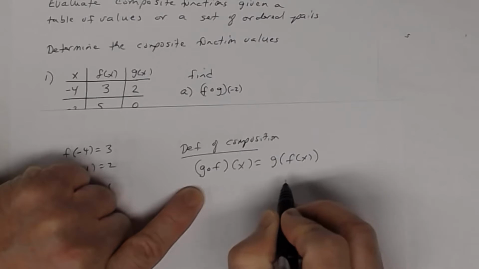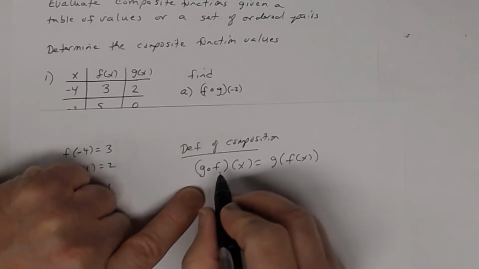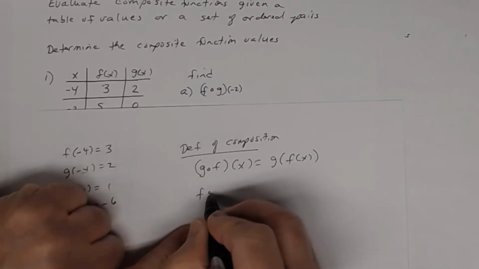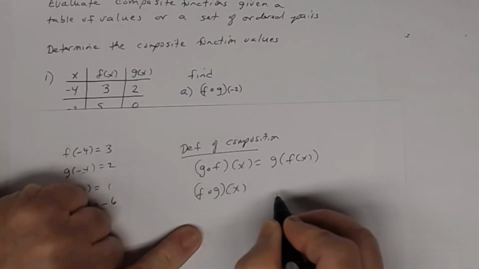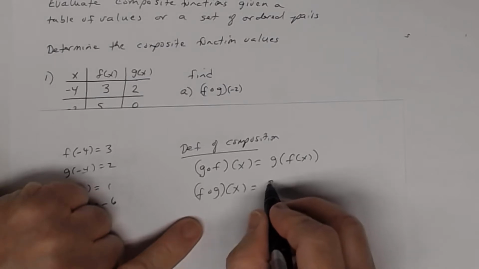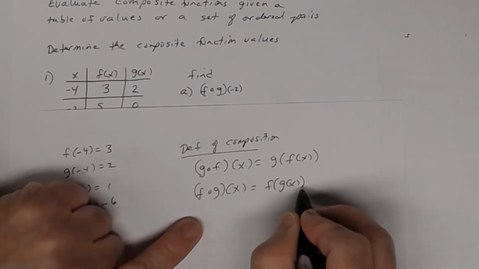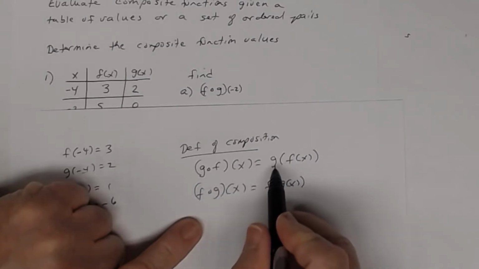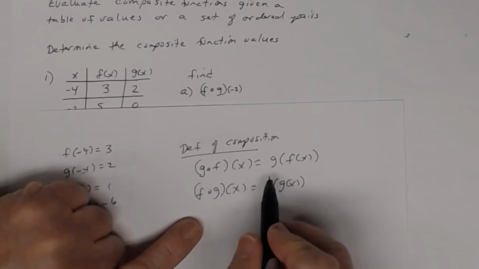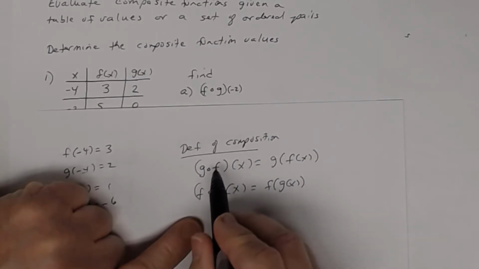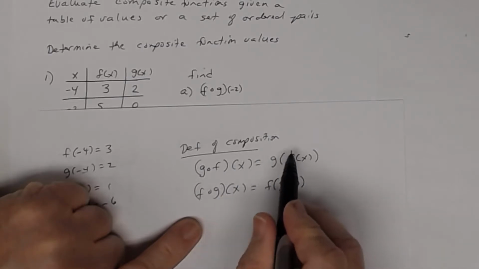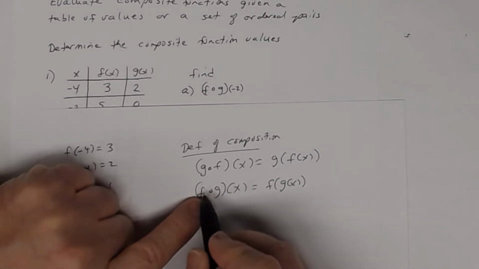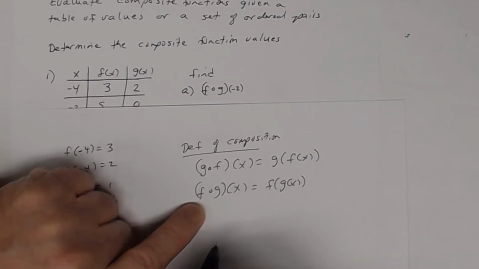It's important to know how to rewrite this notation into this notation. Same thing if you said f composed with g at x: that means f of g of x. Notice the order: g is listed first, f is listed second. So the function g of x is inside the function f.